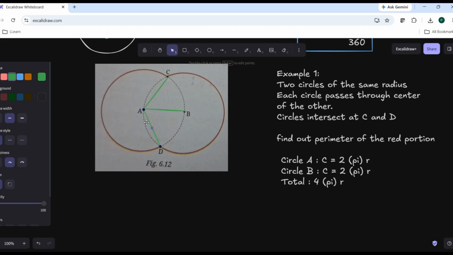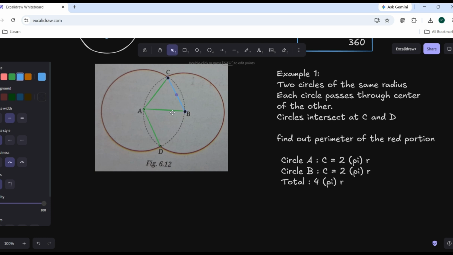Now let's see circle B. For circle B, I'll join B to C. Now both these circles have the same radius. So A to B is a common radius anyway.